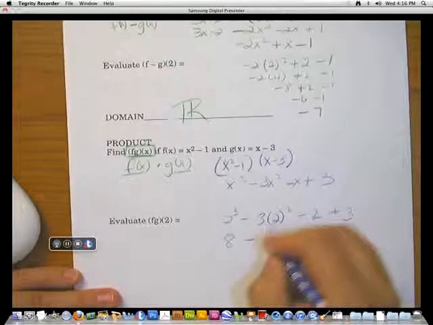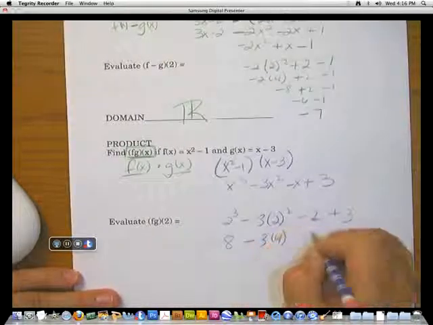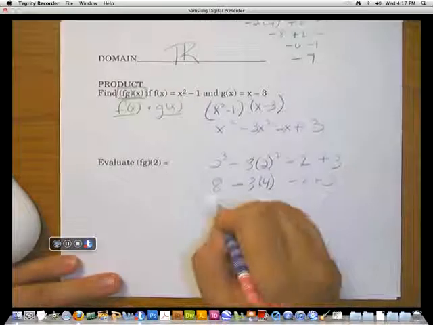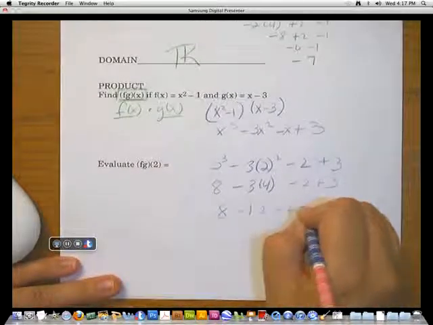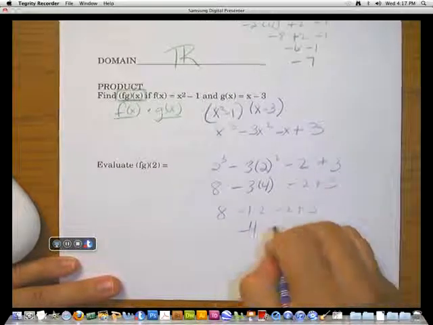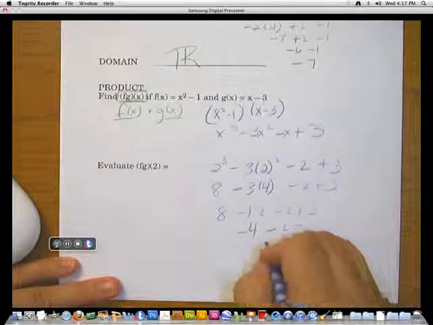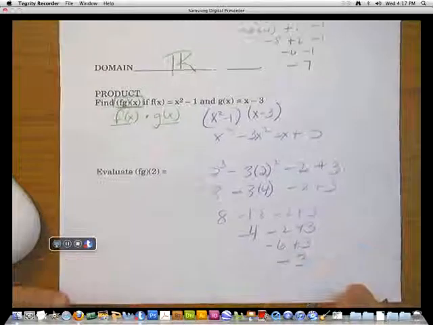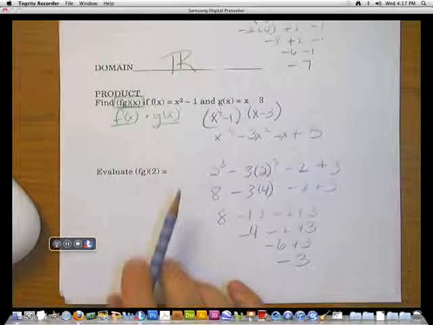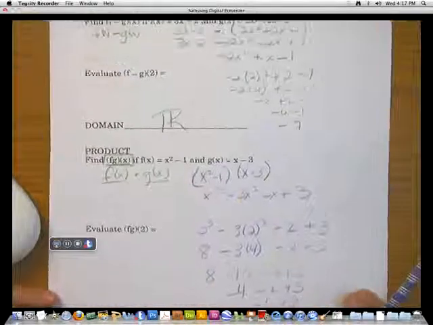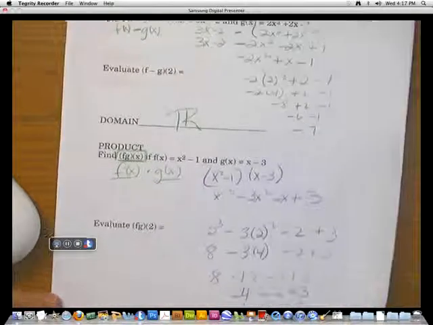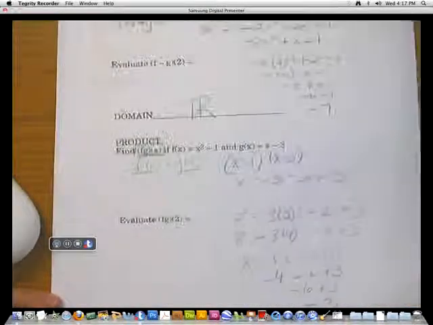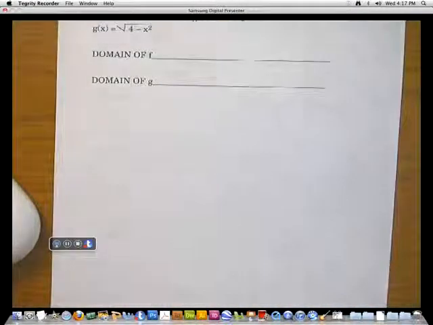So I get 8 minus 3 times 4. So 8 minus 12. So negative 4 minus 2 plus 3 is negative 6 plus 3, and then minus 3. So evaluating is usually done after you do the combination of whatever it wants to do. Add them, subtract them, multiply them, whatever you have there.